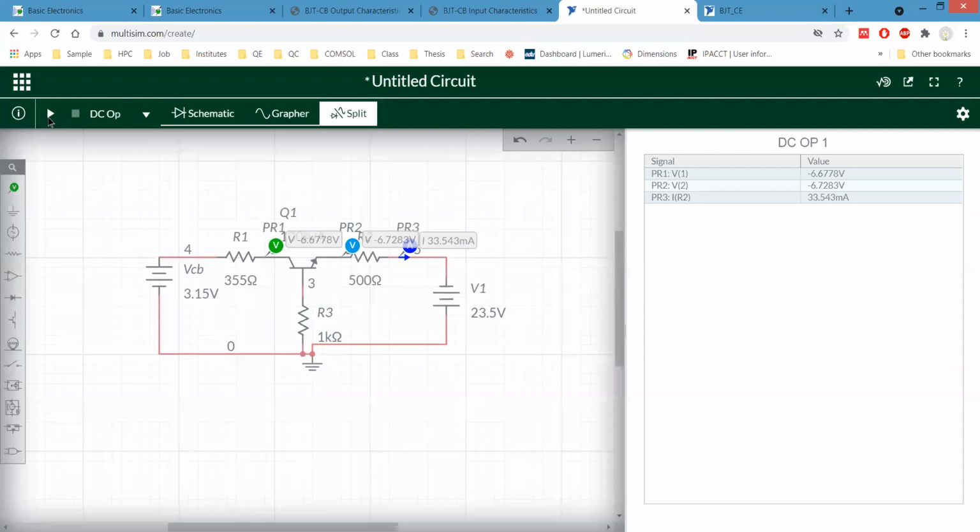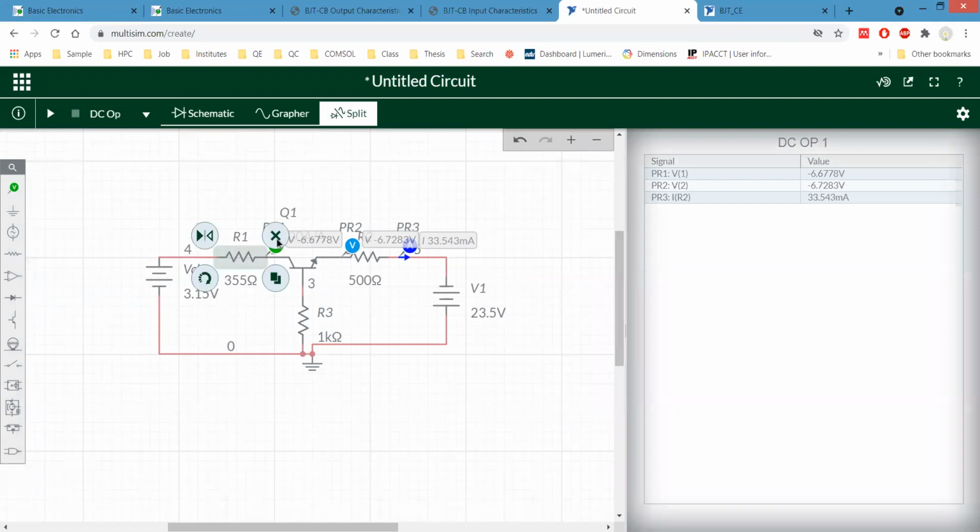I think again we are having some problem. All are in negative, sir. Yeah. I think again we are having a problem because this voltage is also changing. Why is it changing? Okay. Do one thing.